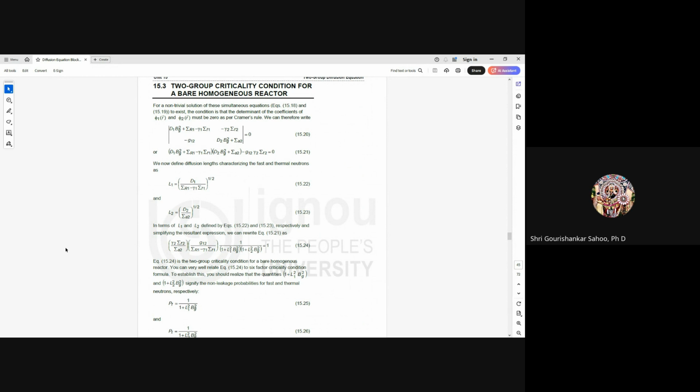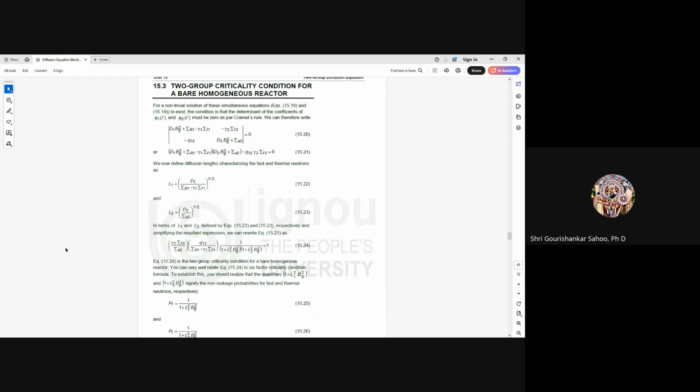So you can have (D1 Bg square plus sigma R1 minus gamma 1 sigma f1) multiplied by (D2 Bg square plus sigma a2) minus sigma 12 gamma 2 sigma f2 is equal to 0. Now we can define the diffusion lengths characterizing the fast and thermal neutrons as L1 is equal to root over D1 by (sigma R1 minus gamma 1 sigma f1), and L2 is equal to root over D2 by sigma a2.